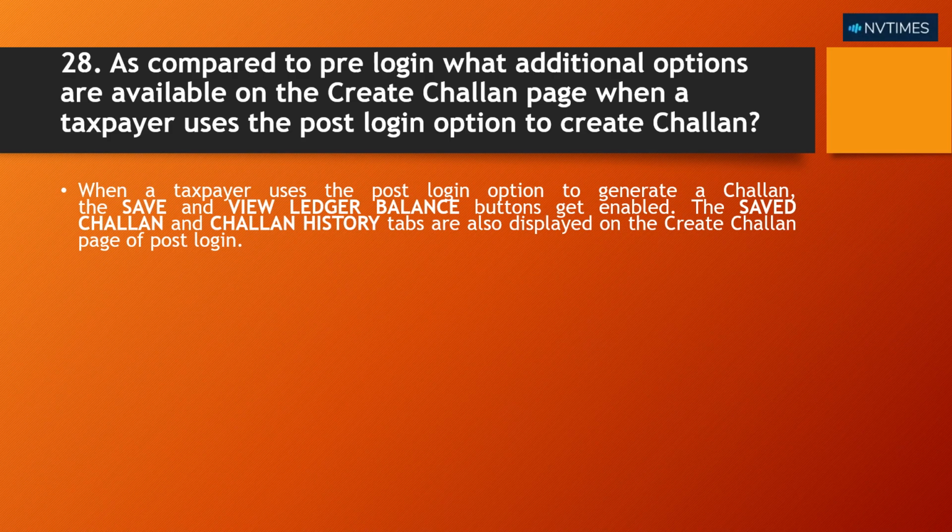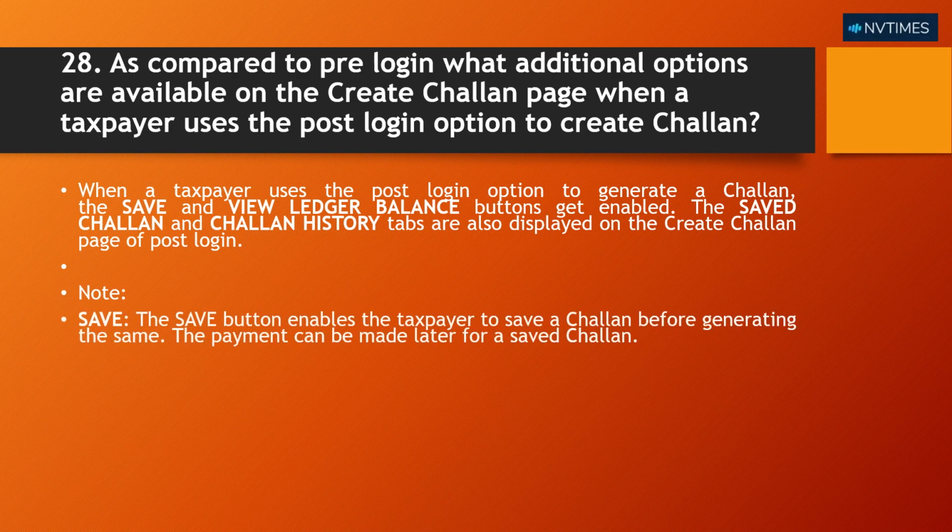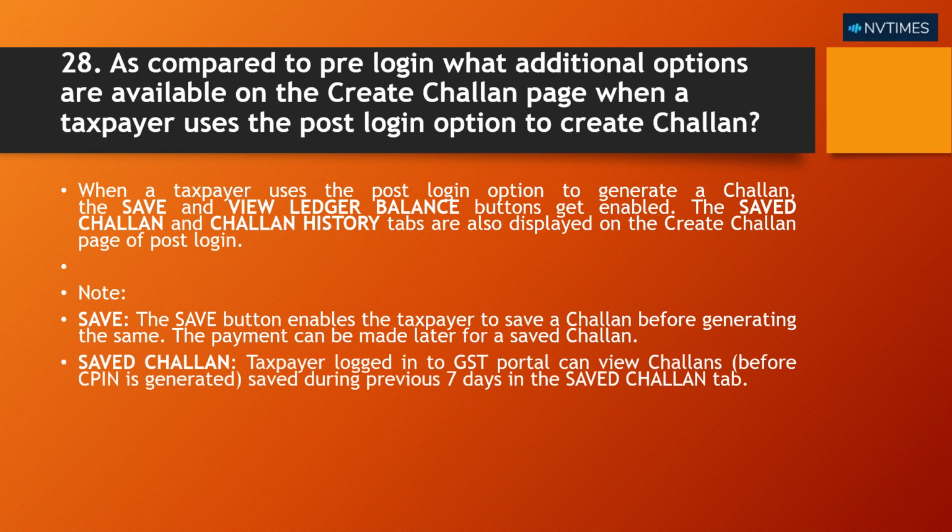The Saved Challan and Challan History tabs are also displayed on the Create Challan page of post-login. Here, note the Save button. The Save button enables taxpayers to save a challan before generating the same. The payment can be made later for a saved challan.